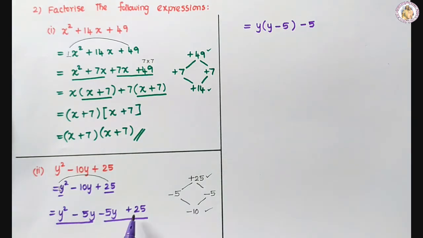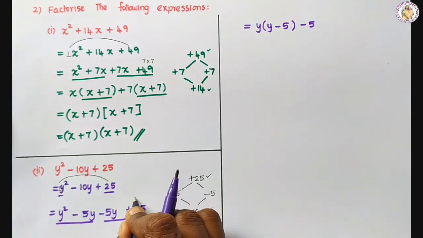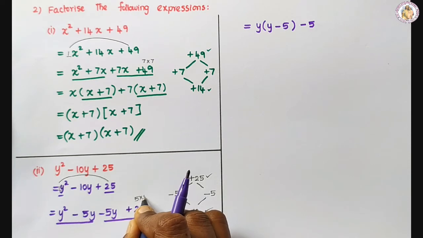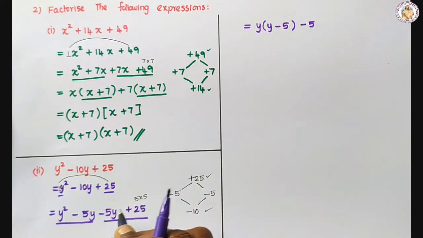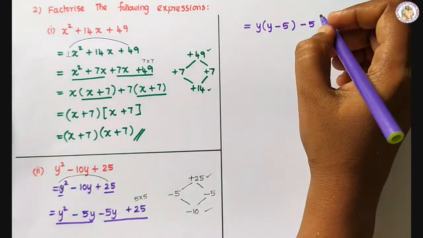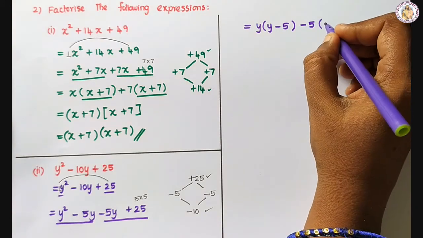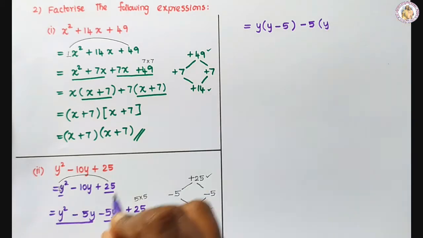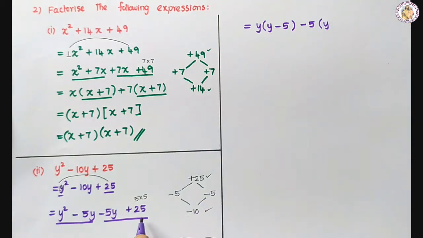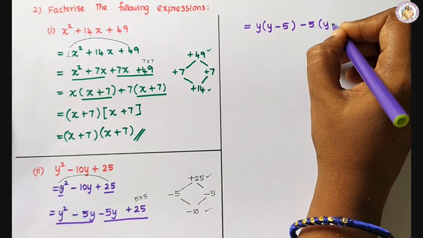and 5 is common. Write 25 as 5 into 5, so here also 5, here also 5. Taking out 5 as common, we get y remaining here, and here 1 5 is taken out, remaining 1 5.